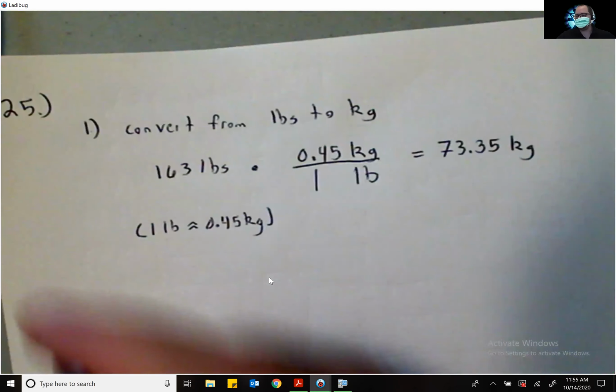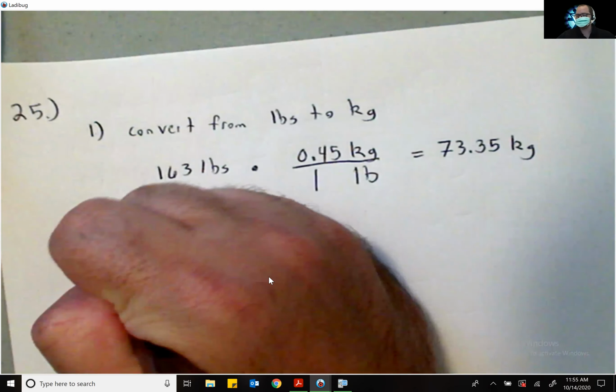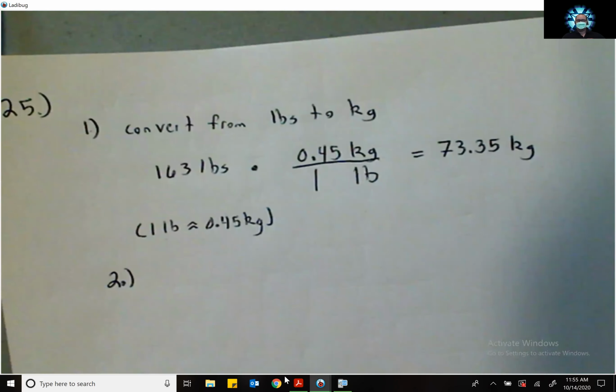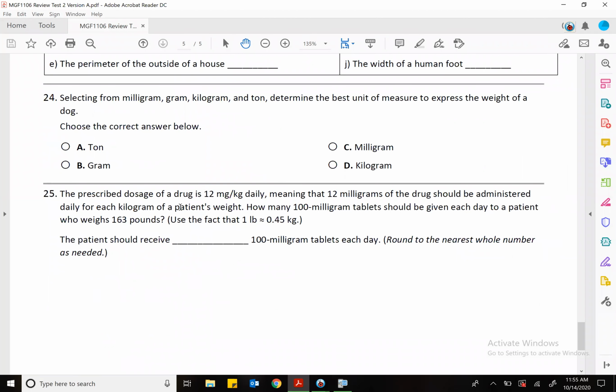Now, what are we going to do with this? We know how many kilograms the patient is. What do we do now? So the patient weighs 73.35. 12 for each kilogram.